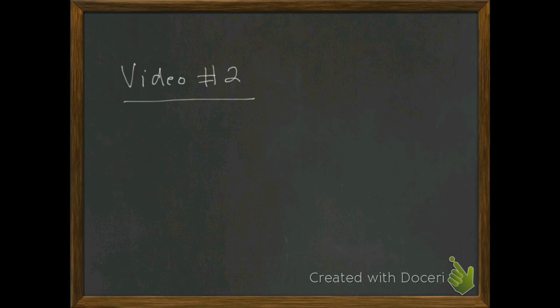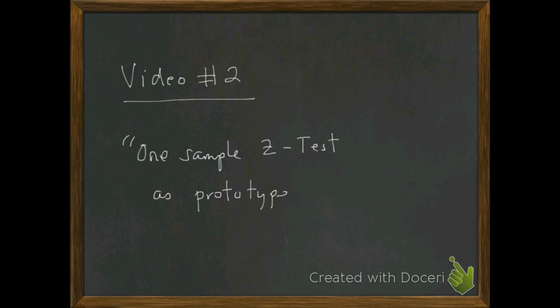Guys, we're going to study a lot of pretty complicated designs, but I want to start out using just a one sample z-test as a prototype to get the ball rolling on some of the techniques that we're going to use.